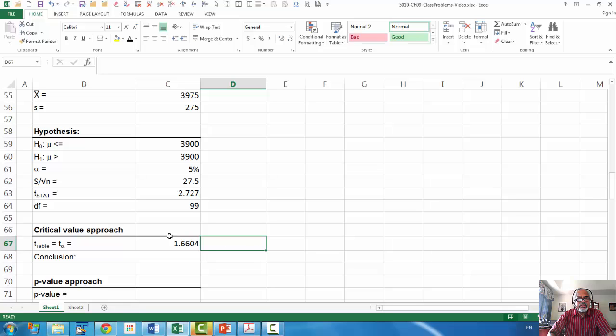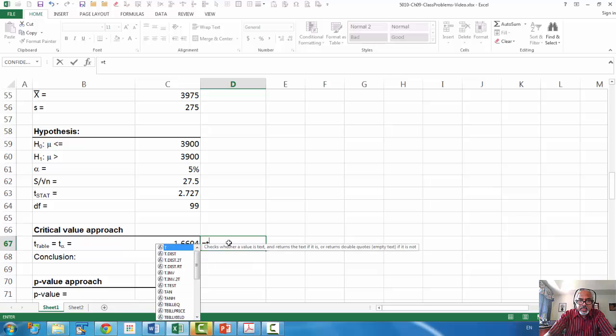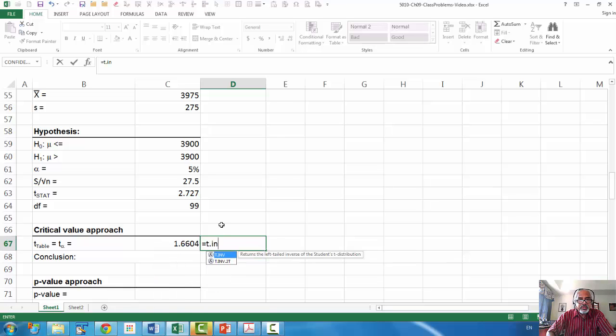We looked at the t table here, but we can also get the t value from Excel. Again, you don't want TINV. TINV is legacy. So you want T.INV. Now we don't want T.INV.2T because that would give us a two-tail value. So we want T.INV, and we need to give the probability and degrees of freedom.